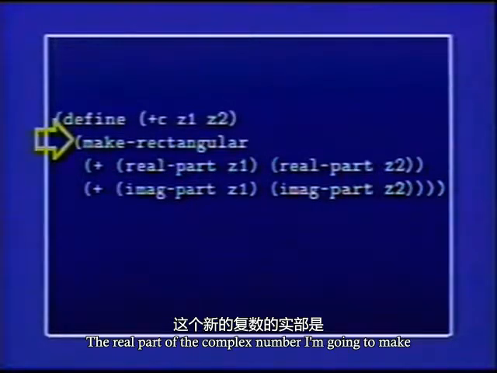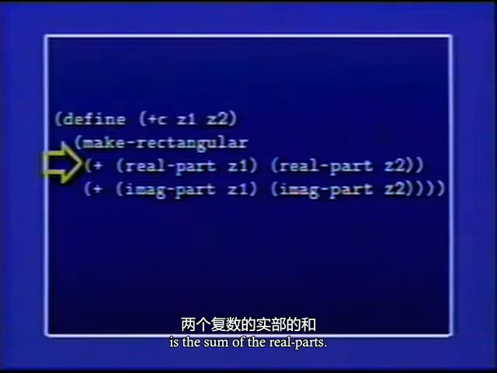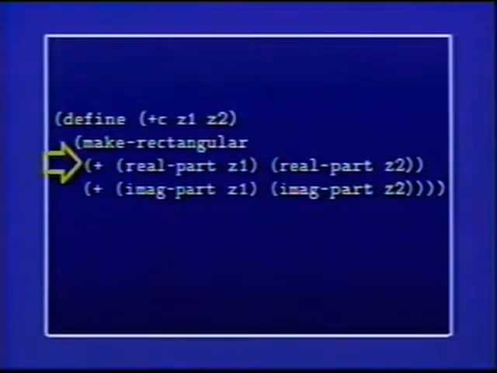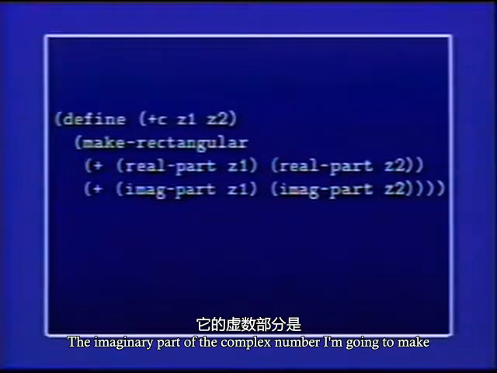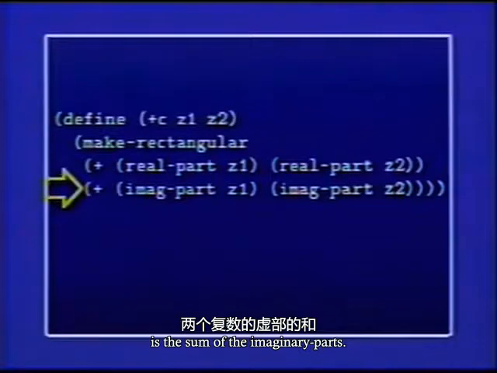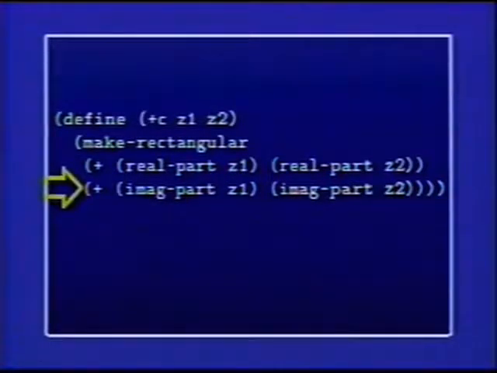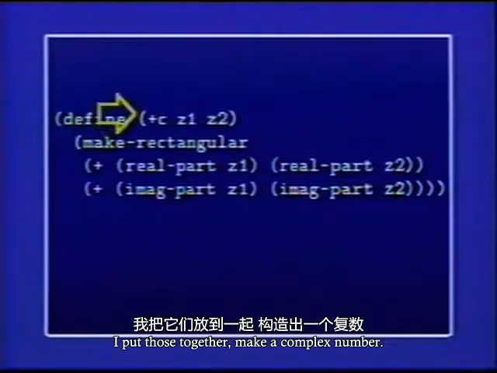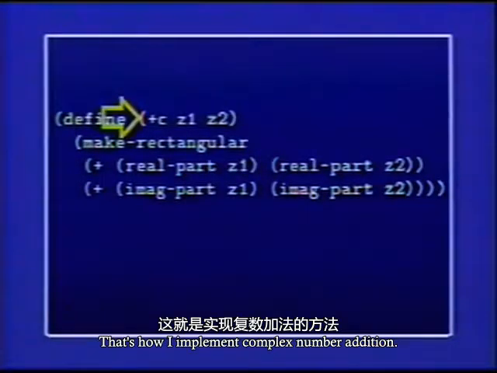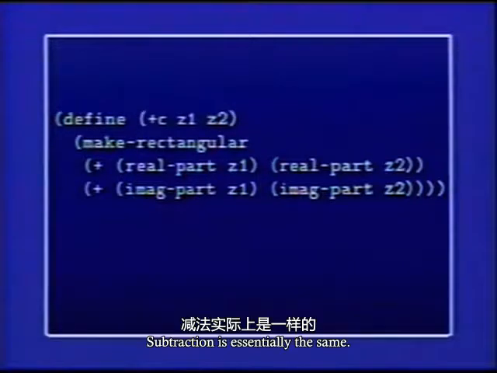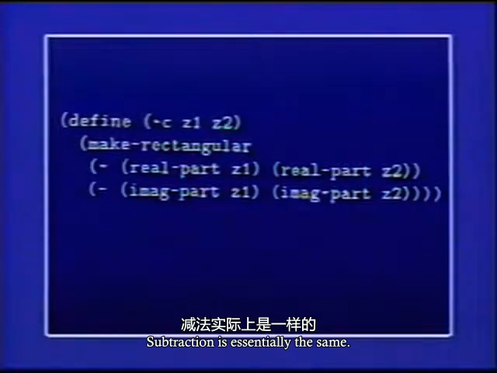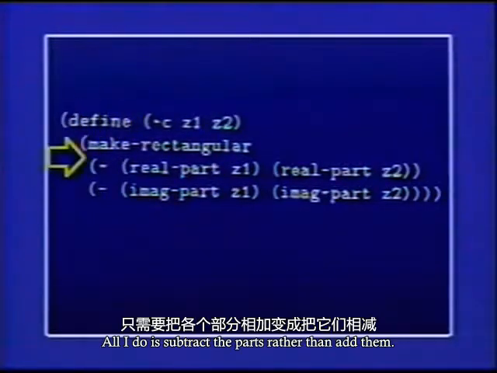The real part of the complex number I'm going to make is the sum of the real parts. The imaginary part is the sum of the imaginary parts. I put those together, make a complex number. That's how I implement complex number addition. Subtraction is essentially the same. All I do is subtract the parts rather than add them.